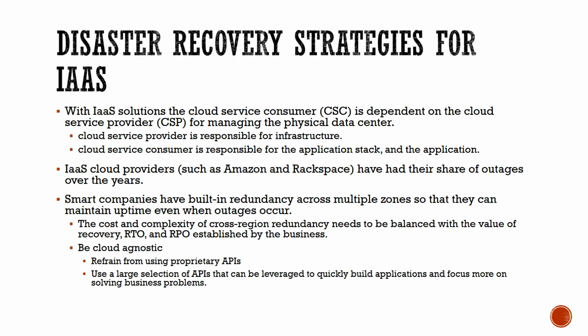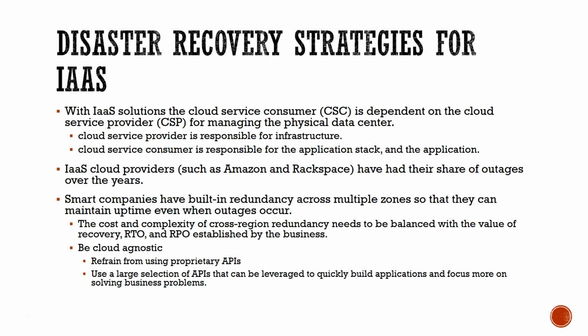So cloud providers, infrastructure as a service, cloud providers such as Amazon Web Services or Rackspace, they have had their share of outages over the years, but the smart companies that do this for a living, like Amazon, they have some built-in redundancy across multiple zones so they can maintain uptime regardless of where or when the outage occurs.